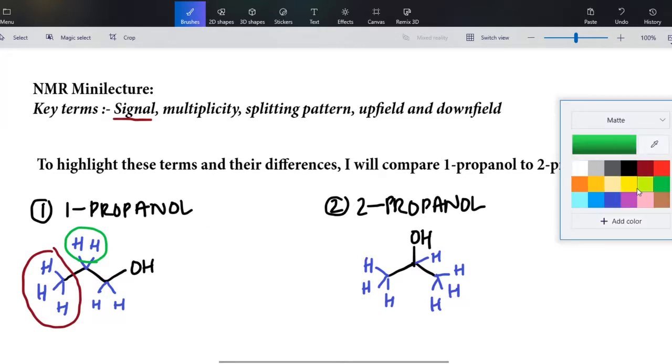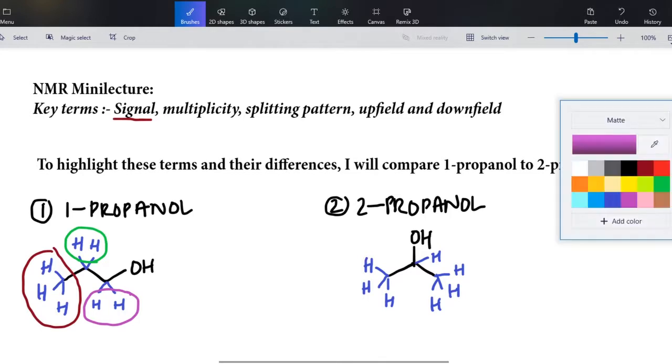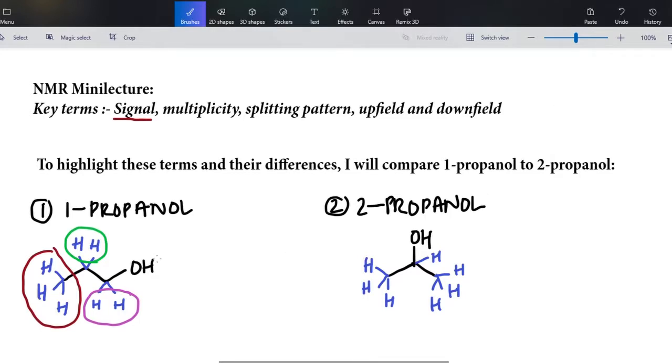And finally, well, not really finally, but these 2 hydrogens over here are connected to the same carbon, which has an OH projection and a CH2 projection that's nowhere else on the compound. So it's got a unique signal, or a signal is produced by these 2. And then finally, this 1 proton attached to our OH group also produces a signal of its own.